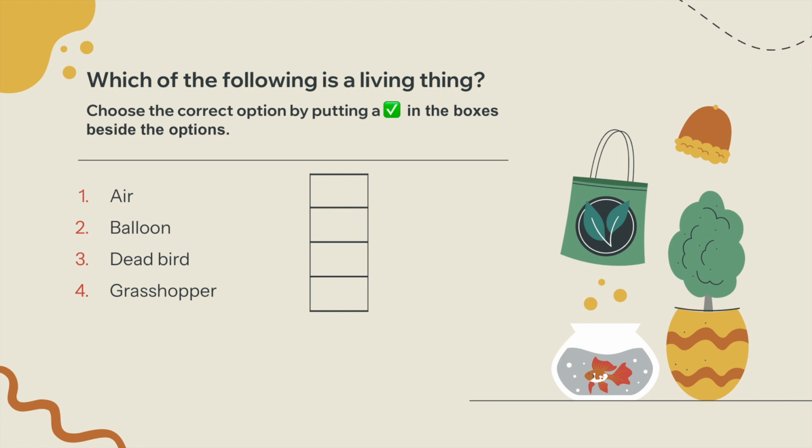The question is, which of the following is a living thing? Choose the correct option by putting a tick in the boxes beside the options. Air, balloon, dead bird, grasshopper.